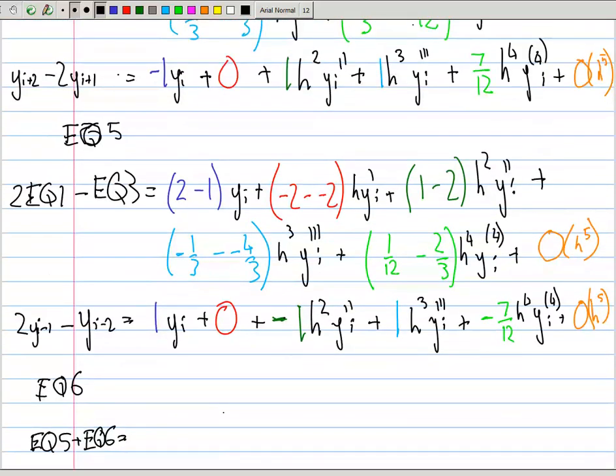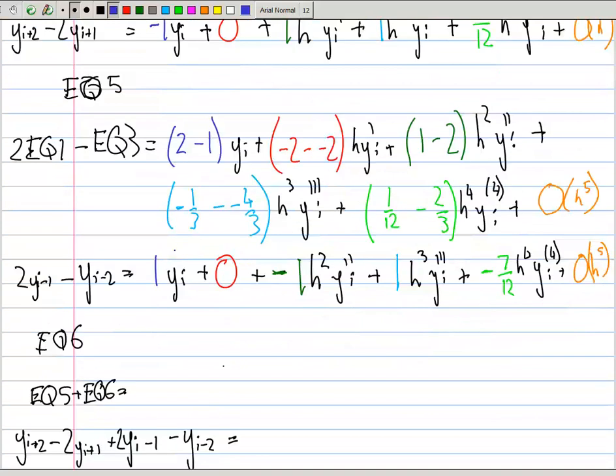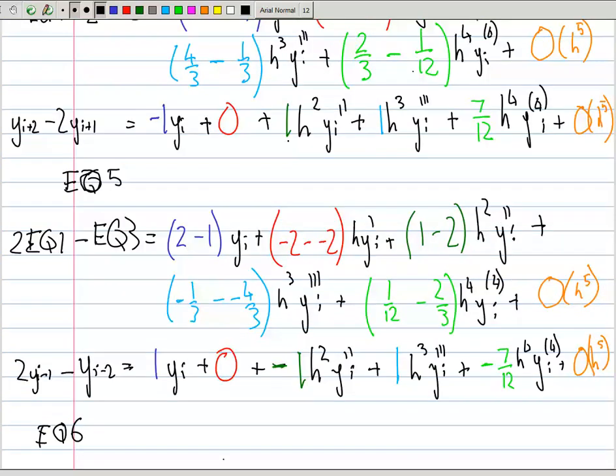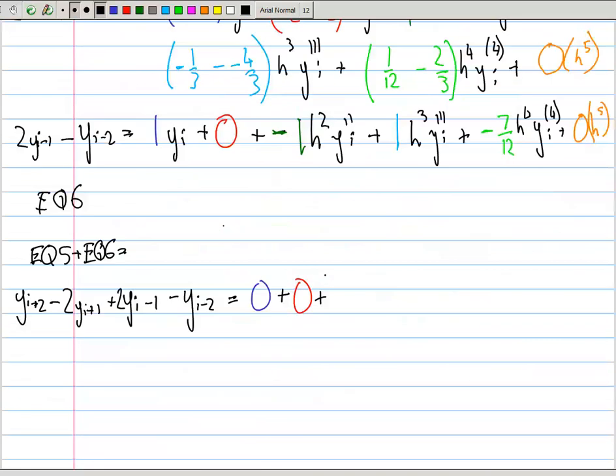So if we have a look here, we've got minus 1 plus 1, so we end up with 0 yi. I'm going to put 0 there, plus 0 plus 0 is still going to be 0, plus our green term. Our green term over here, we have 1 and we have minus 1, so once again, that comes out to 0.